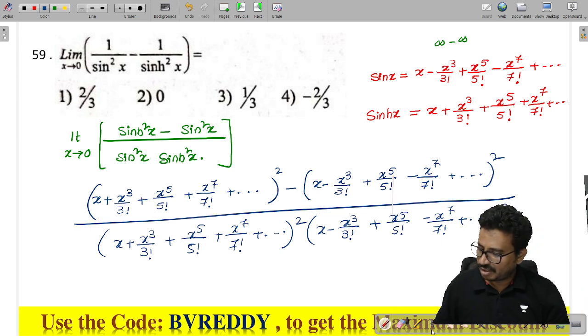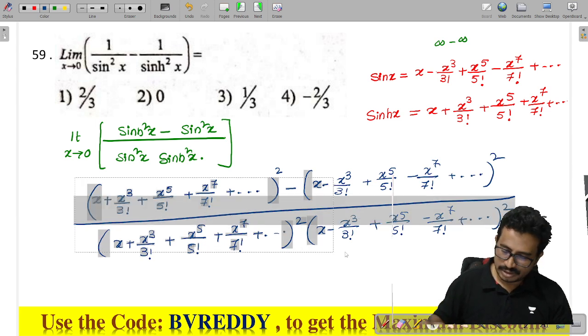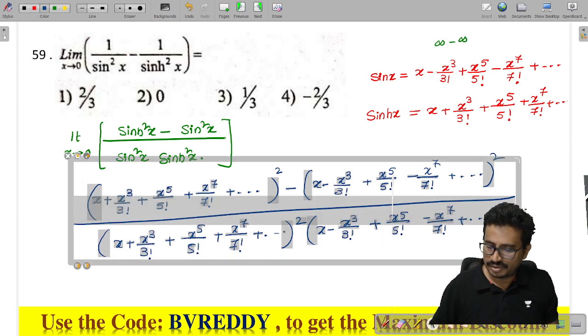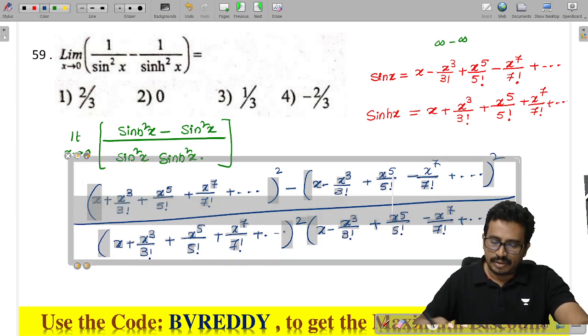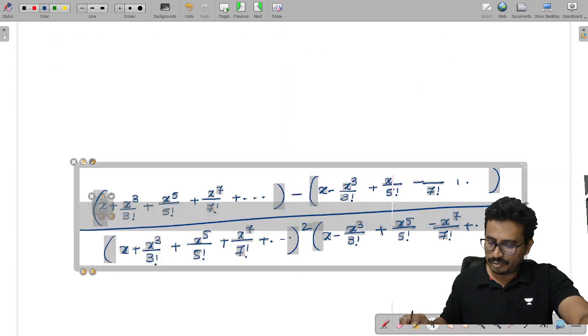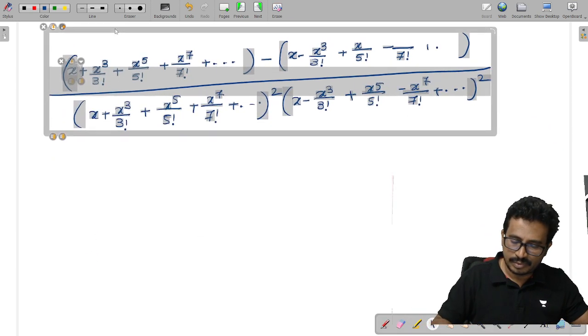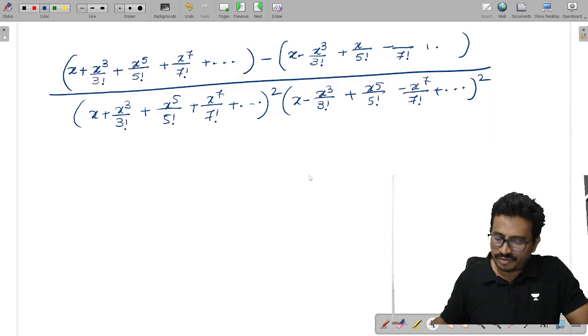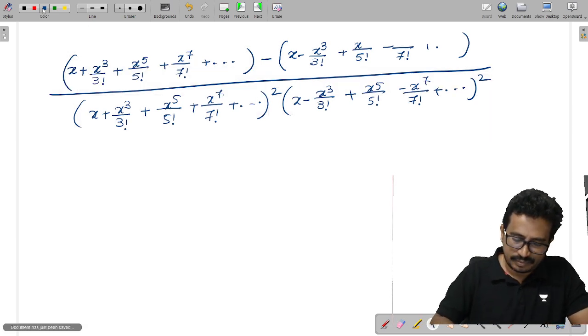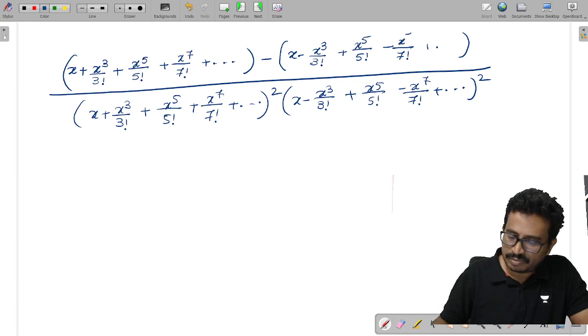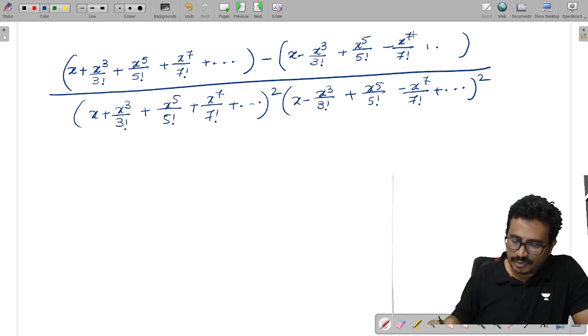Right? Now let's try to simplify this thing. What I am doing is simplifying this as x power 5, this is x power 7, whole square.